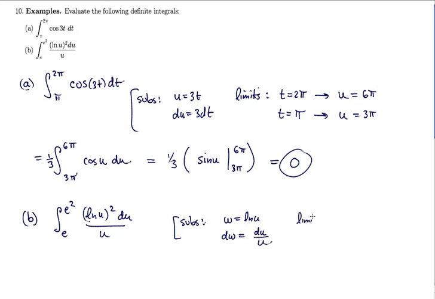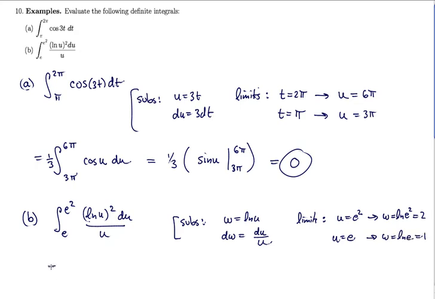The limits of integration change as well. The original ones are where u is e squared and u is e. And those become w equals ln of e squared, which is 2, and w equals ln of e, which is 1.